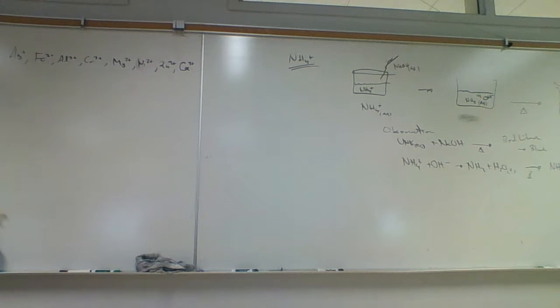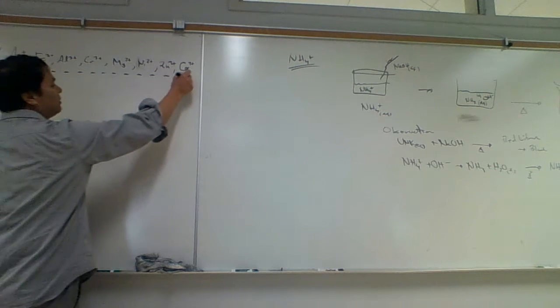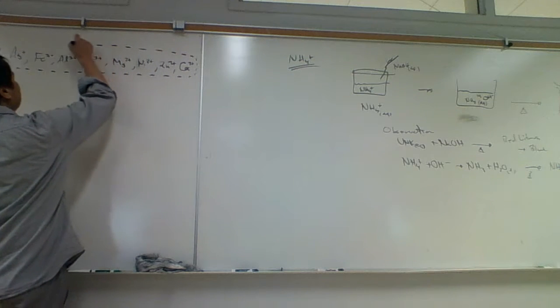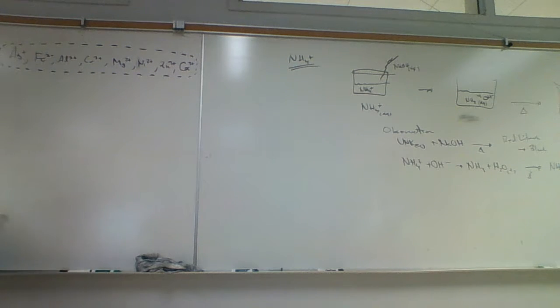All right, now the easiest way to see this next series of experiments is they're going to be separation and confirmation steps, or separation and detection steps. And so what we need to do is isolate things based on chemical and physical properties. These are all aqueous ions here, so I'll write a dashed border around there.